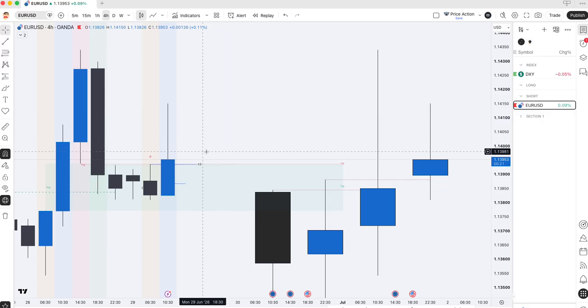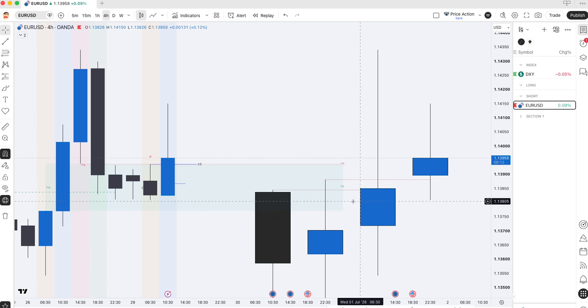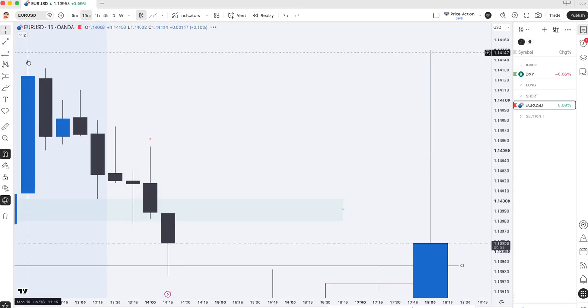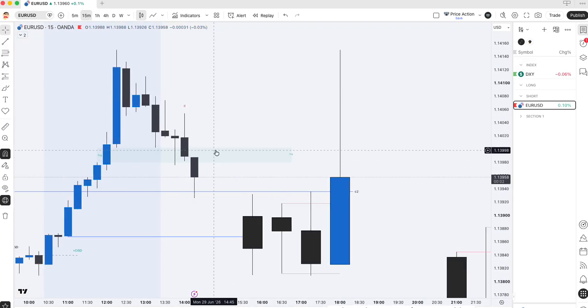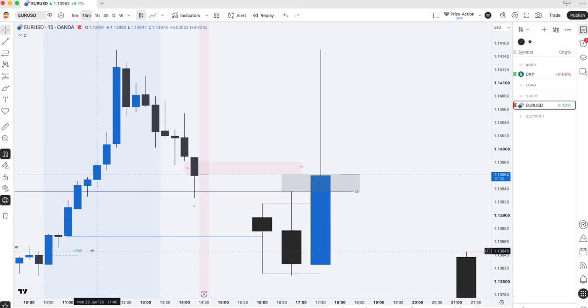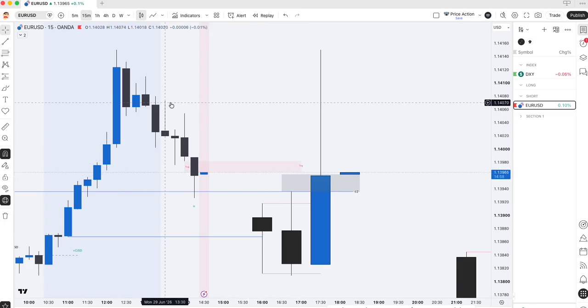If this candle closes like this, let's see, 16 seconds left. Because I need 15 minutes to break the CISD, make lower lows, lower highs.